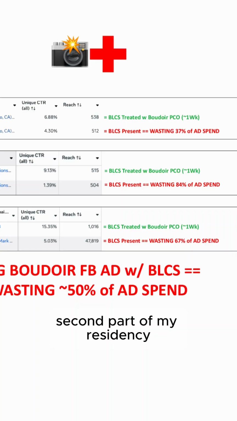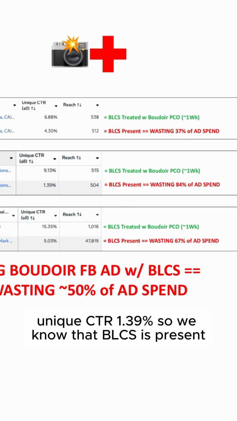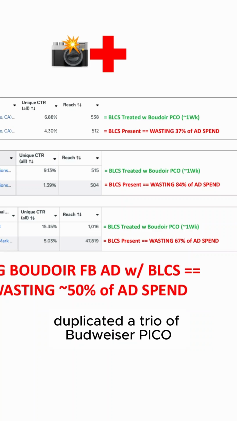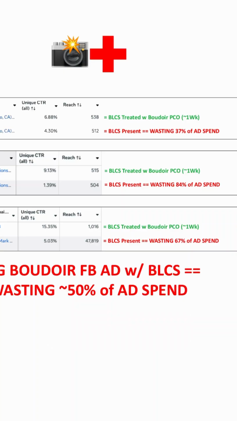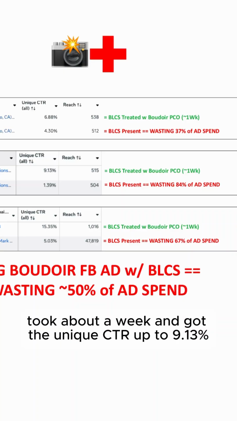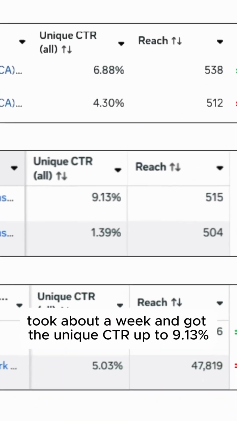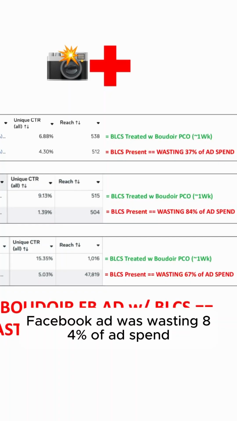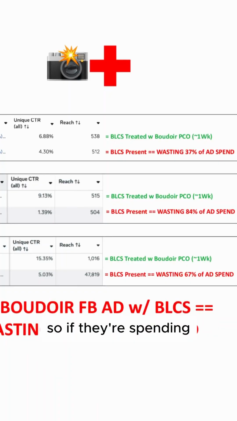Second part of my residency, found another Boudoir Facebook ad out there. Unique CTR 1.39%. Unique CTR under 6%, we know that BLCS is present. Now we duplicated it, treated it with Boudoir Pico, took about a week, and got the unique CTR up to 9.13%. So we found out the original Boudoir Facebook ad was wasting 84% of ad spend. So they're spending 10 grand a month on that original Boudoir Facebook ad.